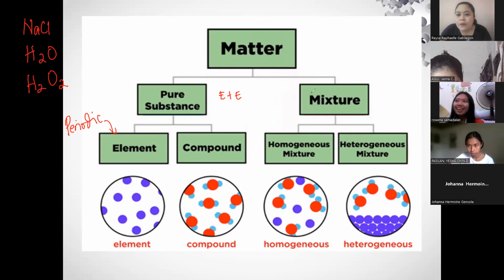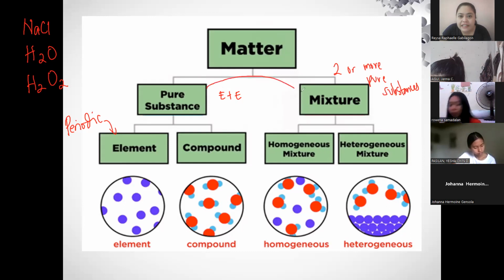Now, how about our mixtures? Our mixtures are combinations of two or more pure substances. Therefore, the mixture also comes from these. What does it mean? We can combine an element plus a compound, or we can combine a compound plus another compound. The number though is not limited.